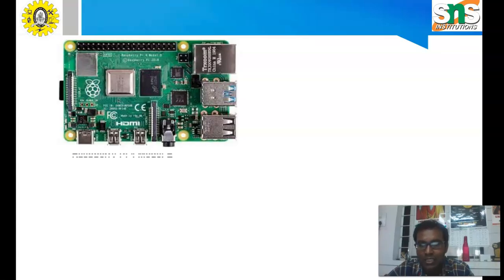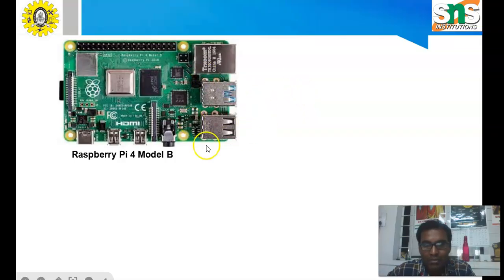The first one is the Raspberry Pi 4 Model B. In this type, a quad-core Cortex A72 CPU is used. It is at 1.5 GHz. The RAM, or random access memory, of the Raspberry Pi 4 Model B ranges from 2 GB, 4 GB or 8 GB.